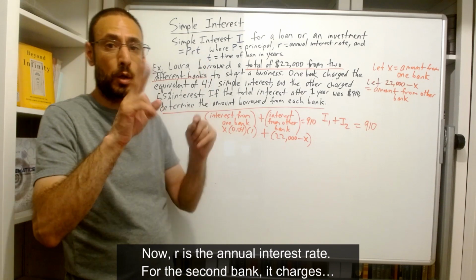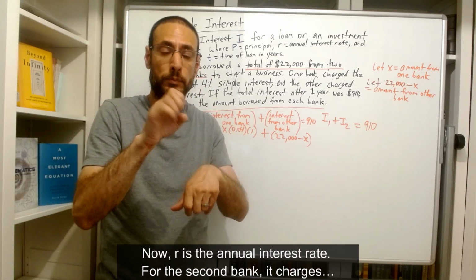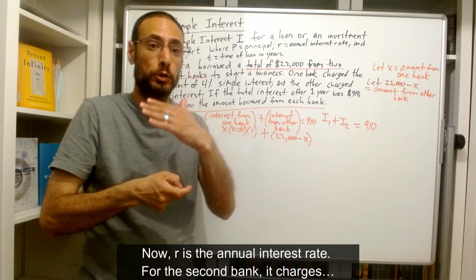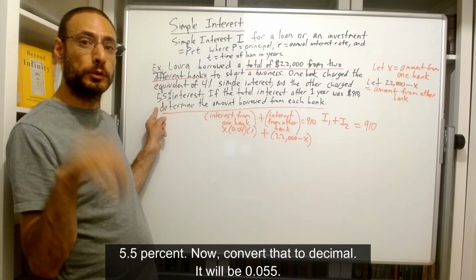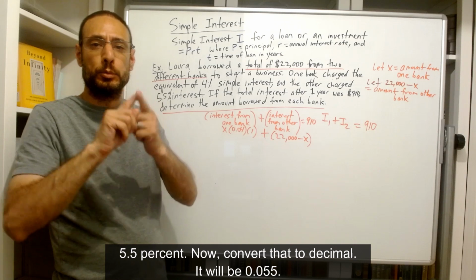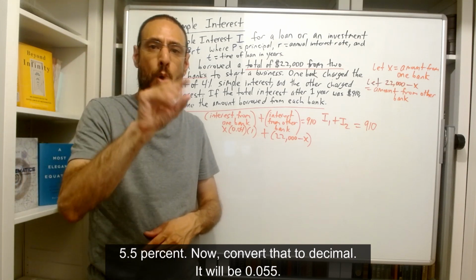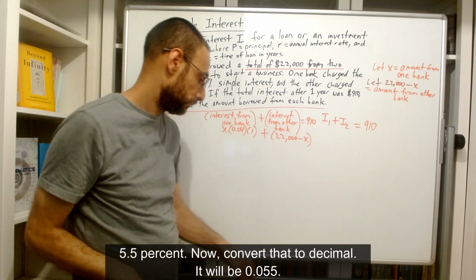Now, R is the annual interest rate. For the second bank, it charges 5.5%. Now, convert that to decimal. It will be 0.055.